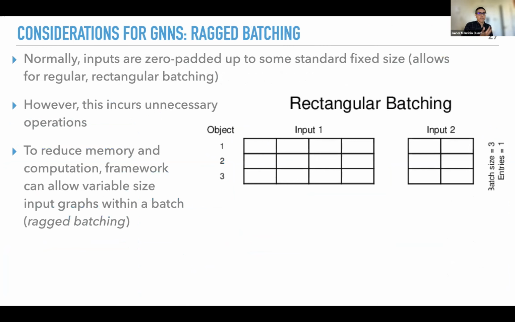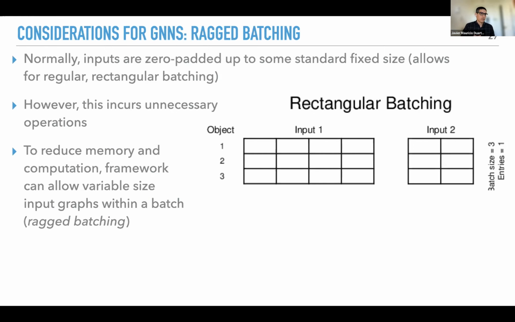So one consideration for this paradigm is that for GNNs, the inputs are not always rectangular. In fact, it's optimal if they're not rectangular. But nonetheless, to get them to fit into this paradigm, usually the inputs are zero padded up to some standard fixed size. This allows for regular rectangular batching, so each object in the batch will have the same number of input elements.